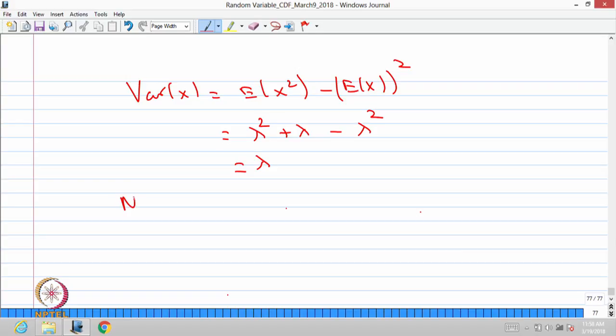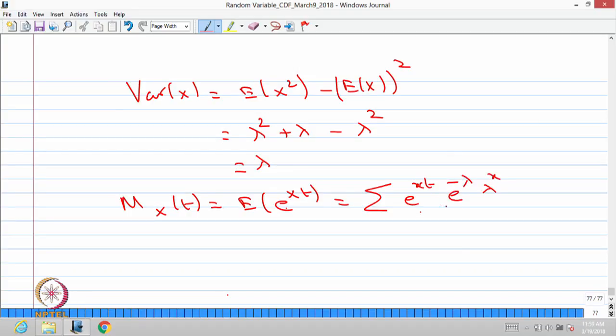Similarly, one can compute the moment generating function, because through this you can get all the moments of order n. So, if you do the MGF calculation, it is expectation of e power x times t, then that is same as summation e power small x t, and the probability of X takes a value small x, that is e power minus lambda, lambda power x by x factorial, where x takes a value from 0 to infinity.